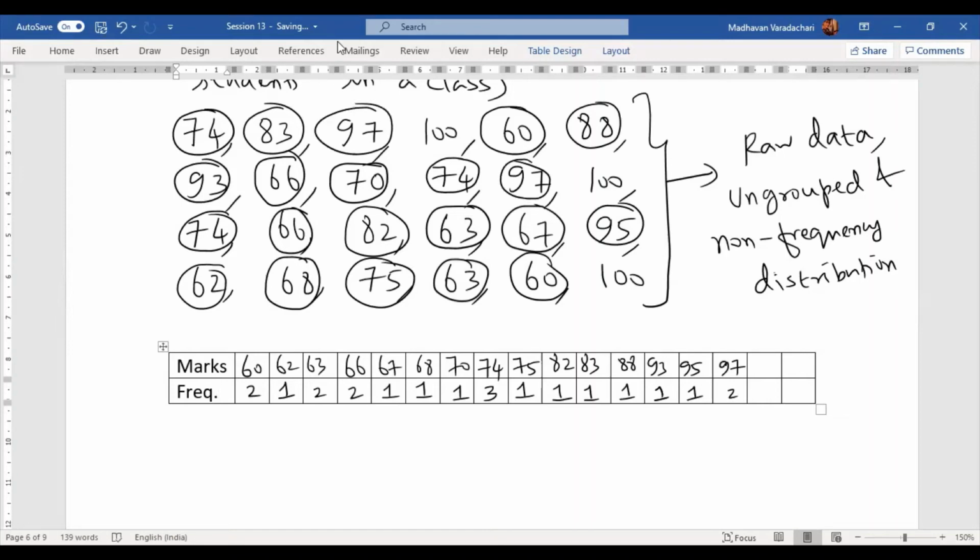And then 100 is there, 2 times. Here and here.